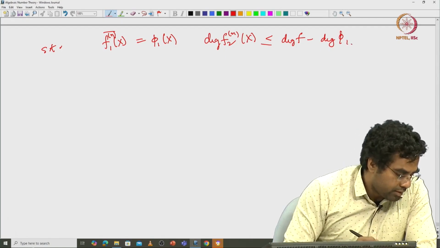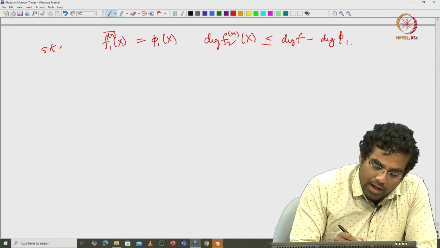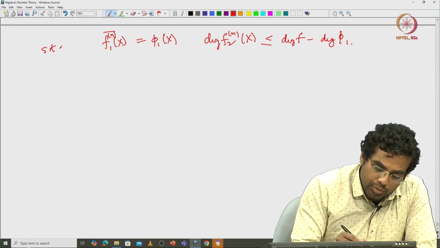Okay. Furthermore, I want to say that f_i n gives me a factorization modulo p to the n.